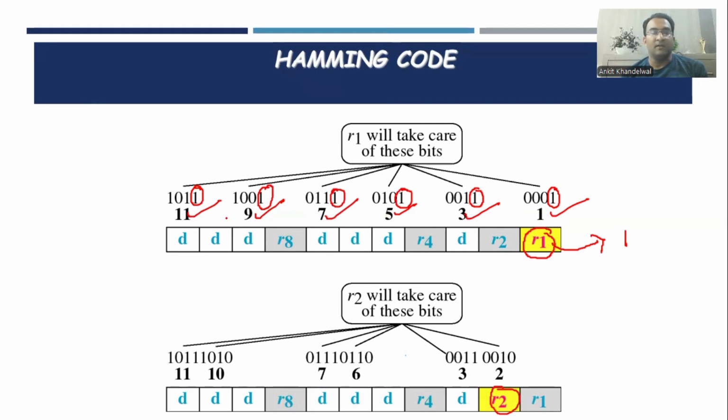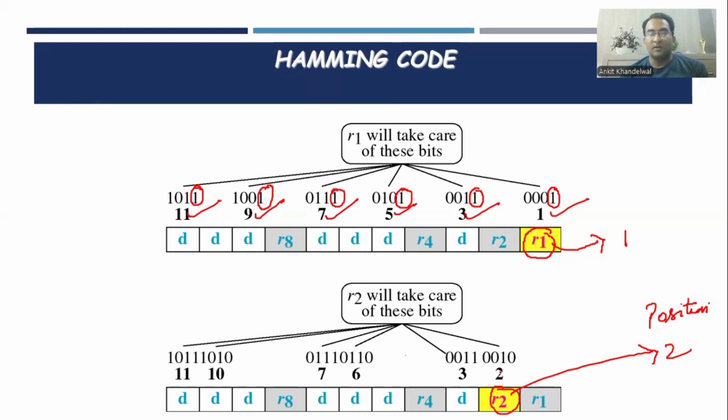Similarly, now we are going to find out the value of R2. So R2 is at position number 2 there. So we are going to see those binary numbers in which the position of 1 in their binary value is 2.